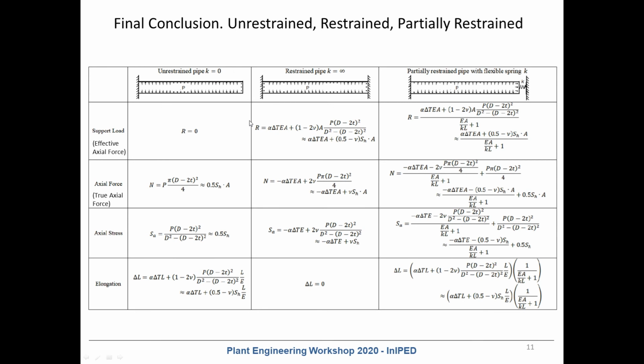Here you can see the table with all the equations from the previous slides. Here are the unrestrained pipe equations. Its support load for unrestrained pipe is 0, but the internal force is calculated using this equation.